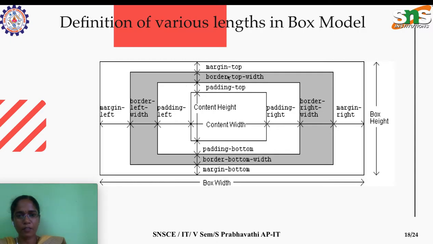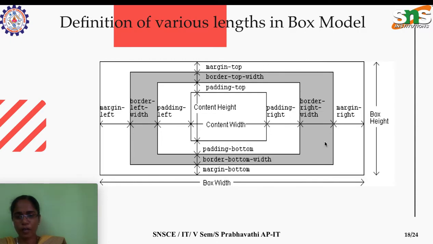After padding we have the border. For the border the property names are border-top-width, border-right-width, border-bottom-width, border-left-width, and surrounding that border is the margin: top, right, bottom and left.